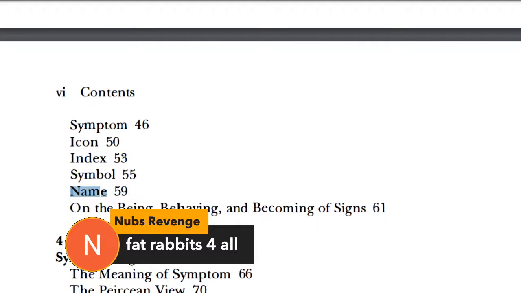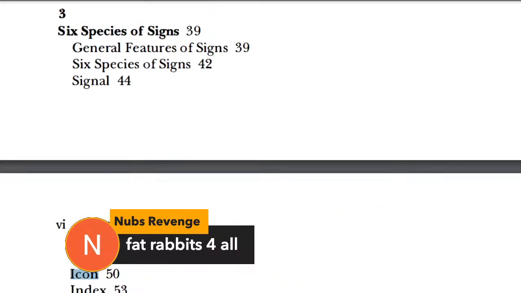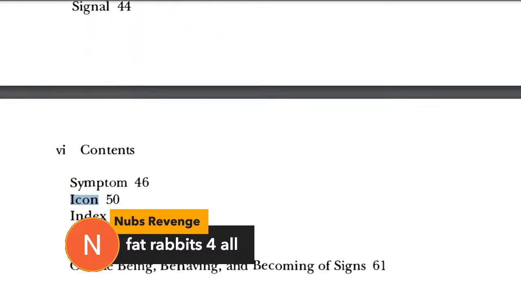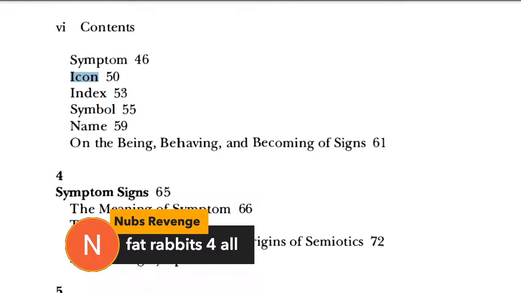So we saw the overlapping ones of index and symbol and icon with fetishism, and it seems like that's all it really was. And if you look at it like that, it's really not a classification at all. It's just misplaced representations, and it may or may not have any kind of functional effect on the organism.